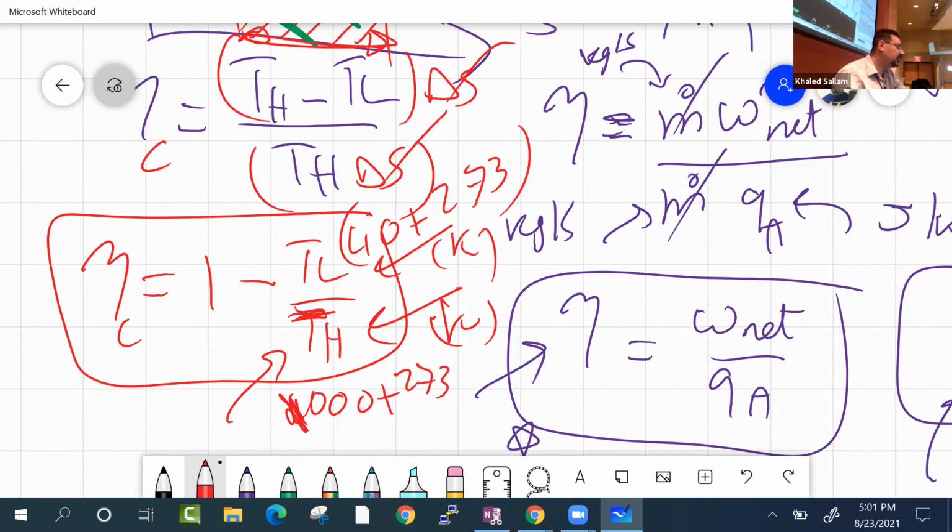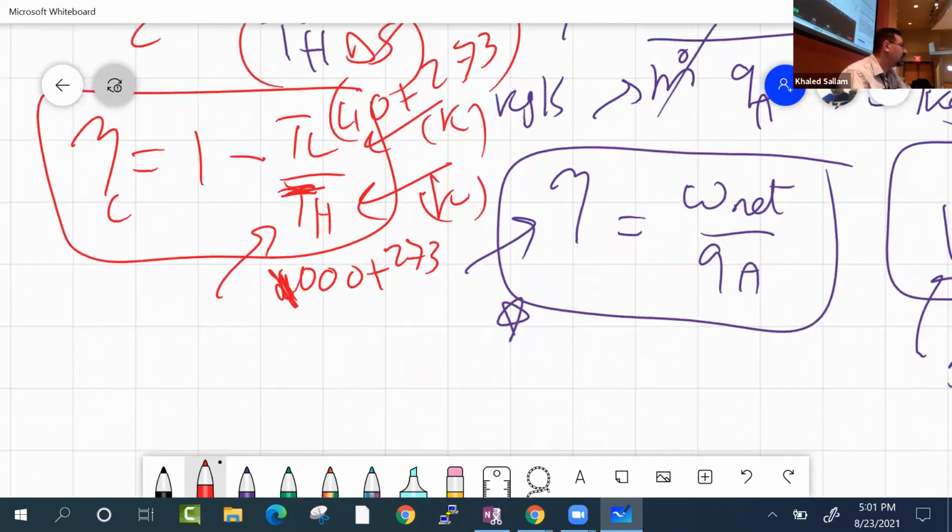So having said that, there are things that are not heat engines. Your car running on gasoline is a heat engine. You take heat, you reject heat, and you make work. That's a car engine and you cannot get higher than this efficiency. But a fuel cell car, there are some, like Honda makes some, right?